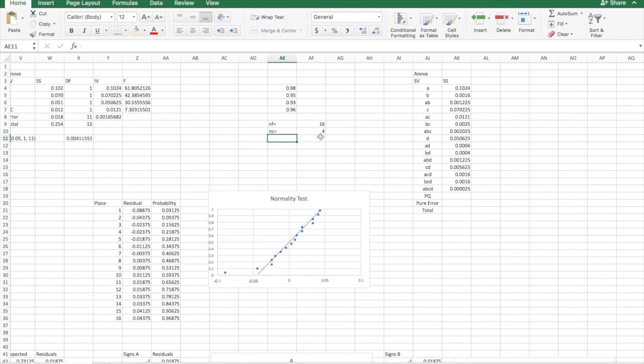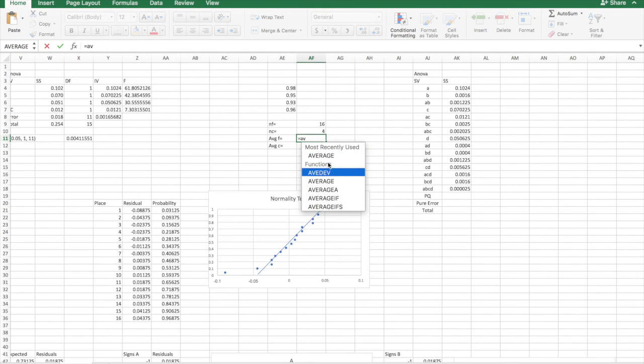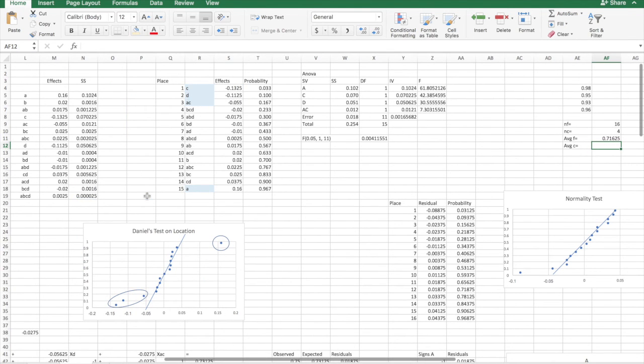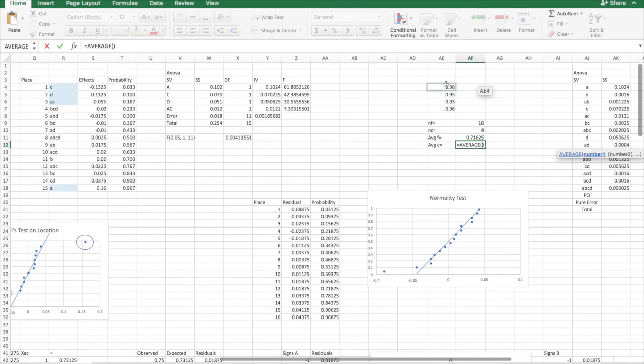Now we have to obtain the average of F and the average of C. The average of F equals the average of the original points in the factorial, and the average of C equals the average of the new points, of the added points.